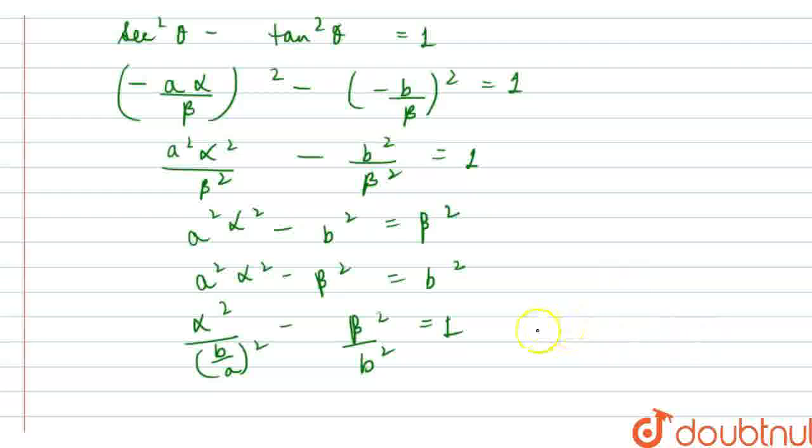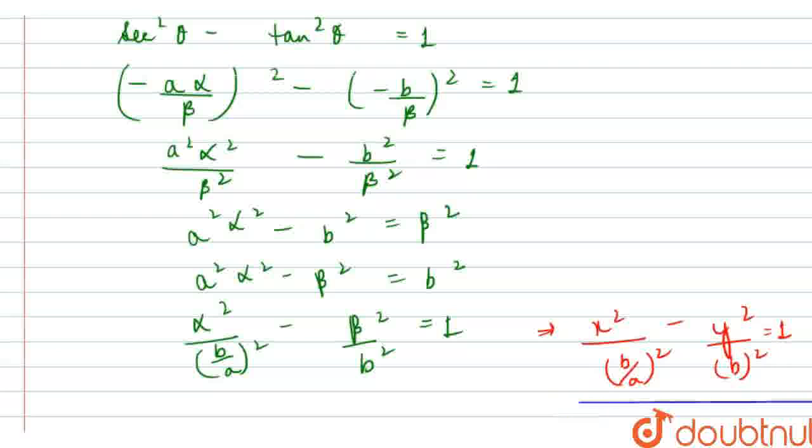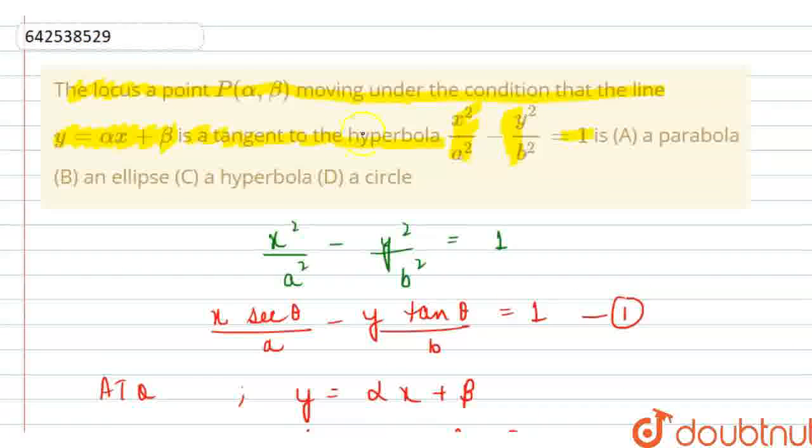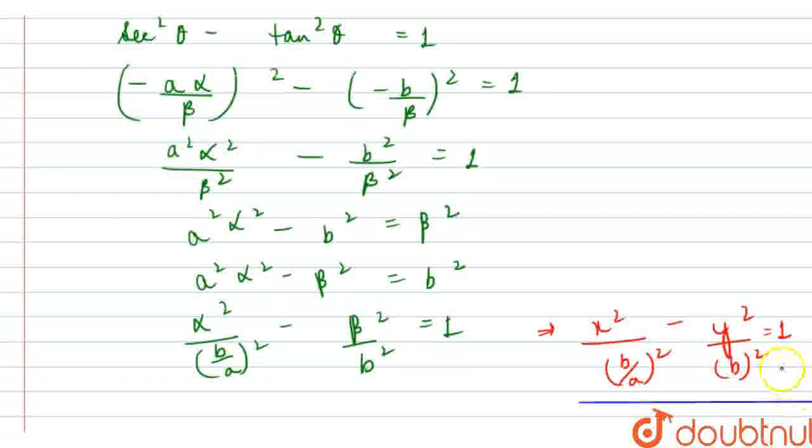Replacing it, what I get is x square upon (b upon a) whole square minus y square upon b square is equal to 1. Now if we clearly look at the equation, this is nothing but the equation of a hyperbola. So from here we can say that the option hyperbola, that is option C, is the correct option. So I hope it is clear.